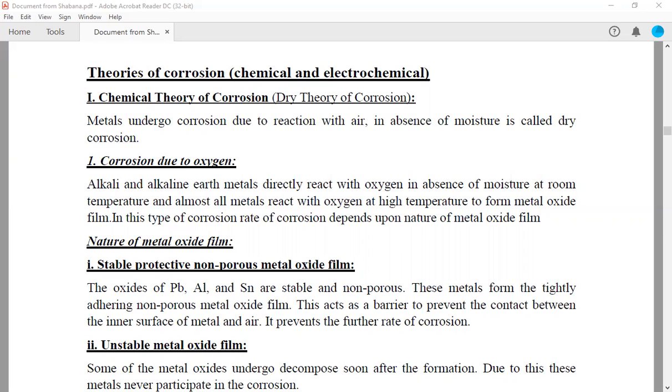Broadly, the mechanism of corrosion takes place in three types. They are dry or chemical corrosion, wet or electrochemical corrosion, and the last one is the confirmation of the mechanism of corrosion.